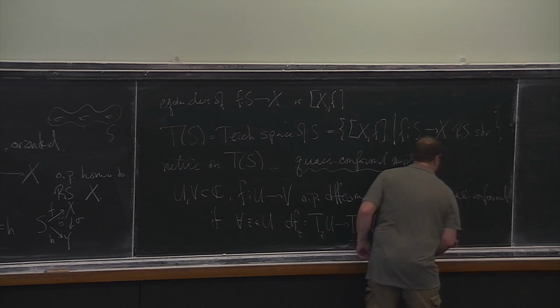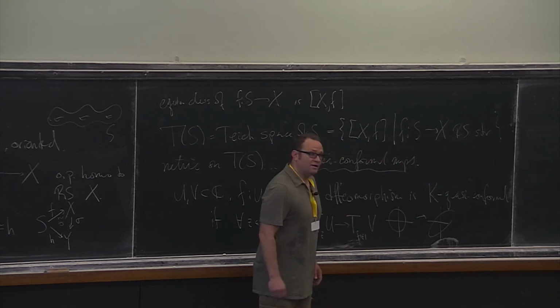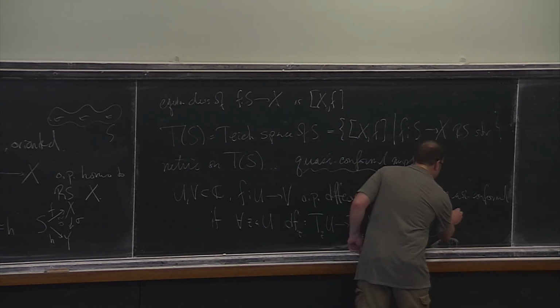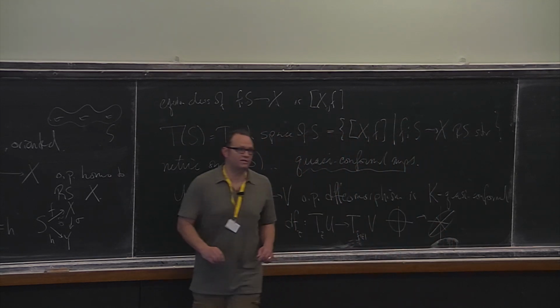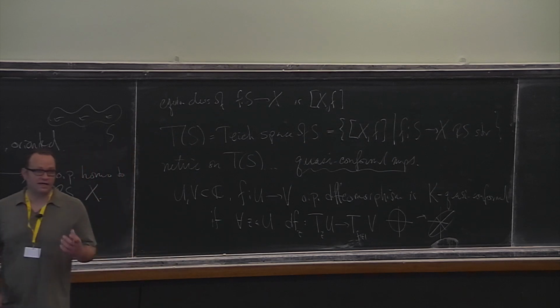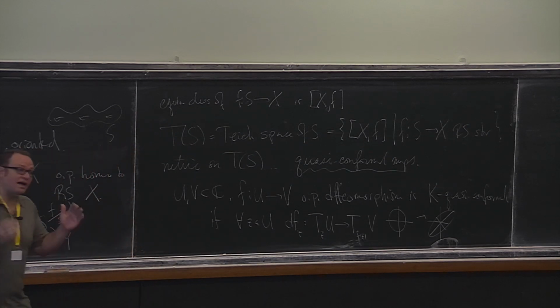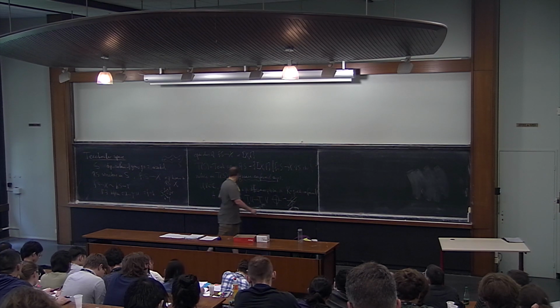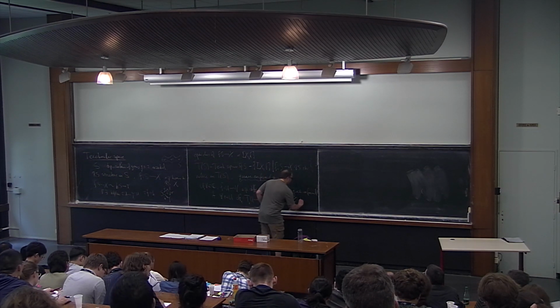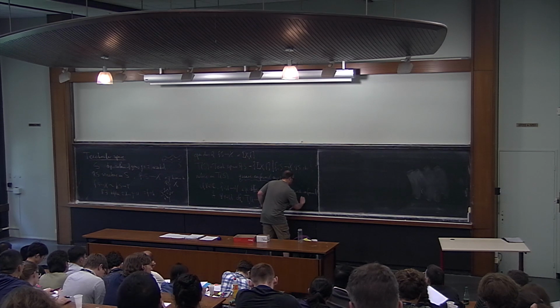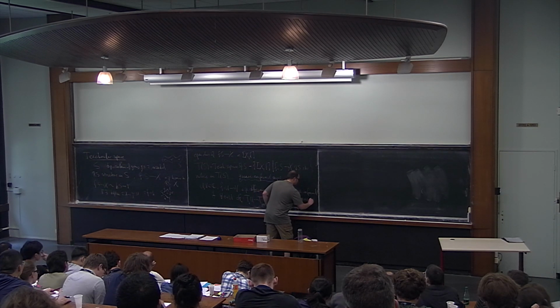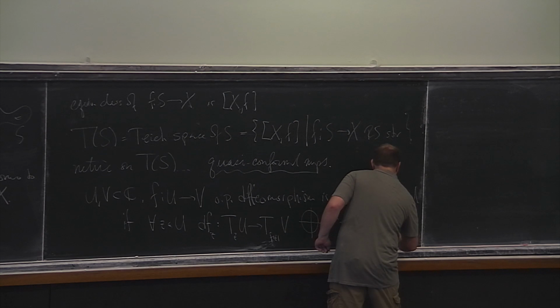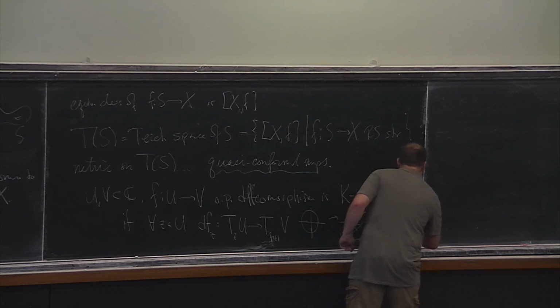And what I want, a measurement here of how far it is from being conformal, is how far that ellipse is from being a circle. And that I can measure as the ratio of the length of the major axis to the minor axis. So for all Z, the ratio of the major axis over the minor axis should be less than or equal to K.